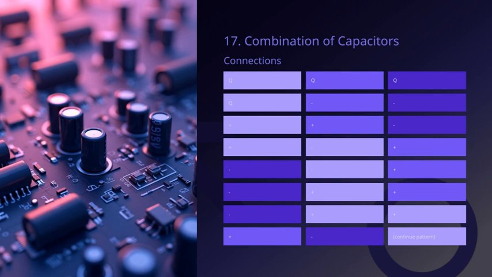If you're looking to handle higher voltages, series might be better. This understanding of combining capacitors ties back to our overall theme of circuit design, knowing how to manipulate and optimize component configurations to meet our electrical goals. So, always consider what you need in terms of capacitance and voltage when deciding how to connect your capacitors.